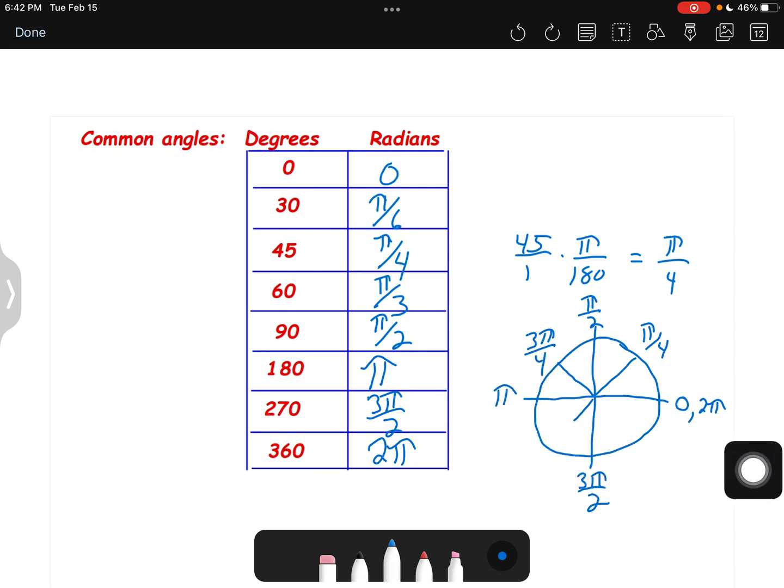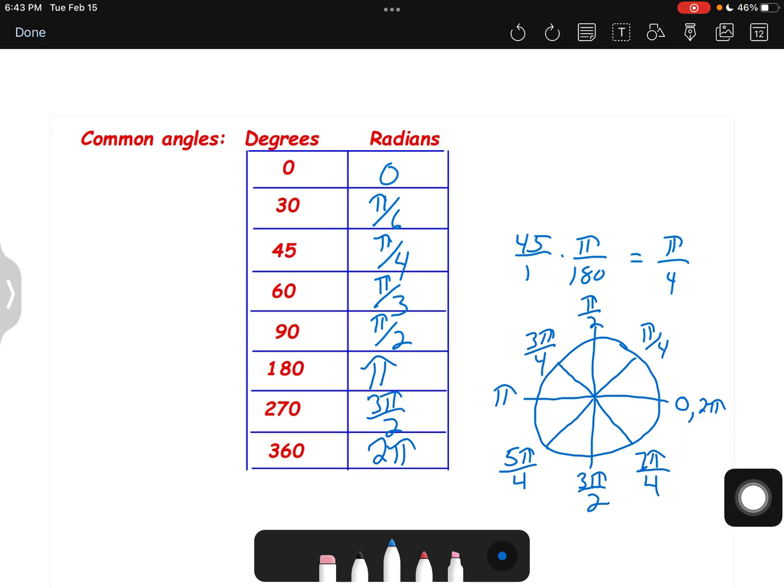Then another 45 would be here, that's called 5 pi over 4. That would be at 225 degrees. Another 45 degrees would be at 270, and 270, we already did that one. That's like 6 pi over 4 if I keep going pi over 4, but that reduces down to 3 pi over 2. And then I'd have 7 pi over 4 right here. That's 315. And then 8 pi over 4 brings me to 2 pi. That's 360. So those are some common ones.